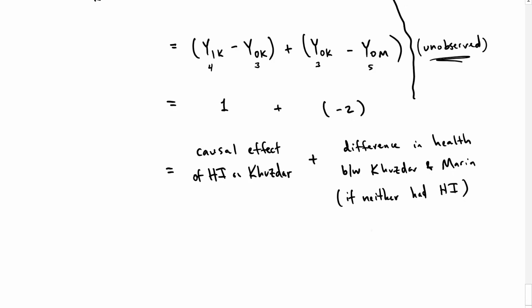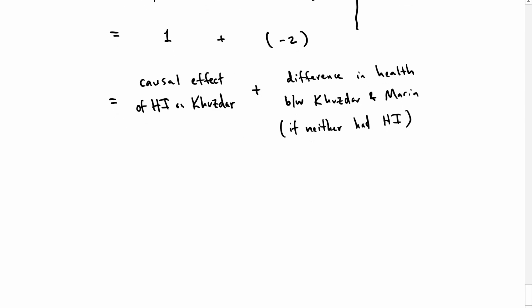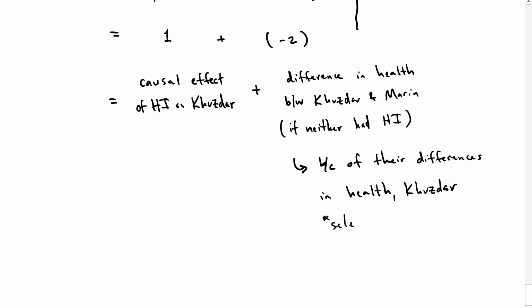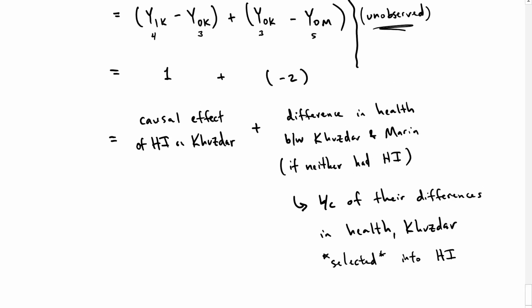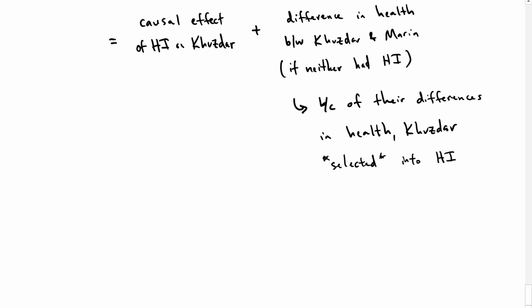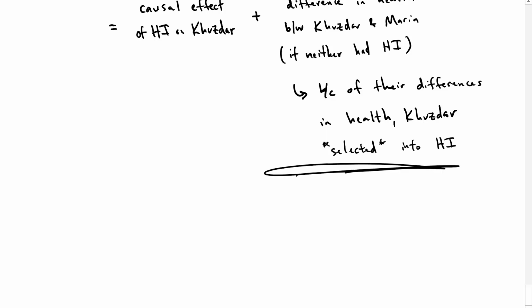Okay, but this difference between Q-star and Maria, if neither had health insurance, exists because of their differences in health. Because of their differences in health, Q-star selected into health insurance. And so this whole second term, we can really call the causal effect plus the selection effect here.